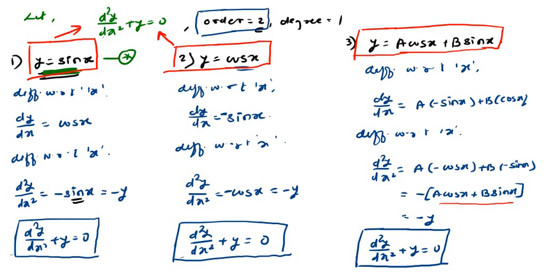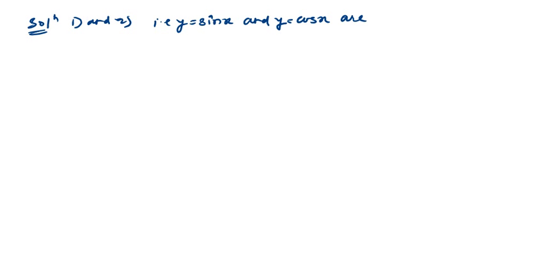The solutions number 1 and 2, that is y equal to sin x and y equal to cos x, are called simple solutions. Write down here: solutions 1 and 2, that is y equal to sin x and y equal to cos x, are called simple solutions.